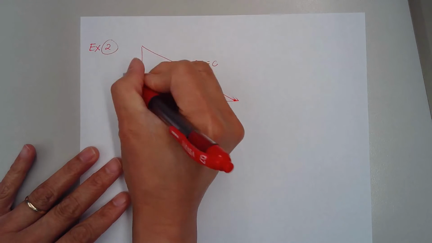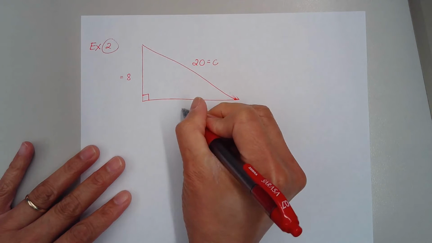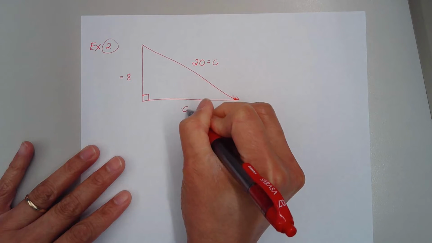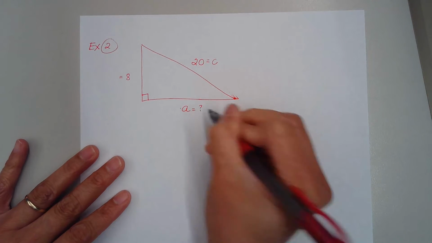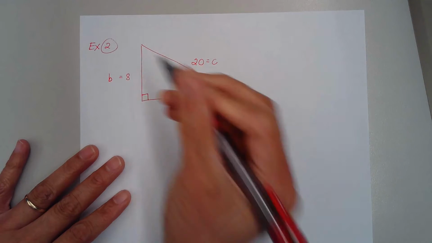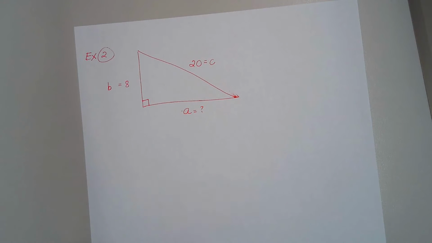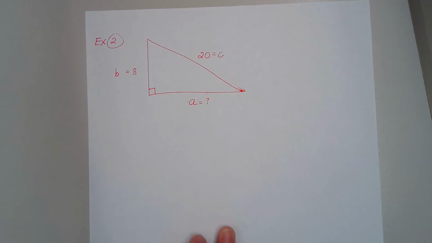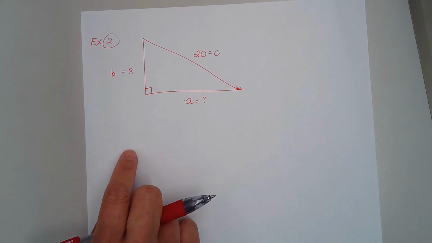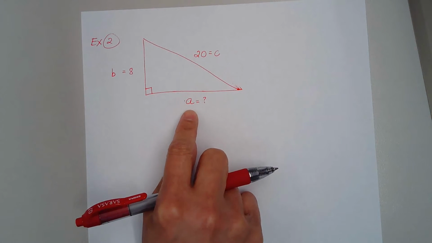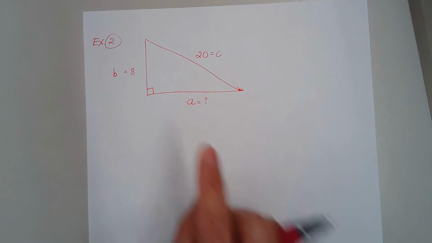Now we can call this our A. The missing one is our A, and then we can call the given one the B. So that's x. So in a right triangle, we're trying to solve for this shorter side.